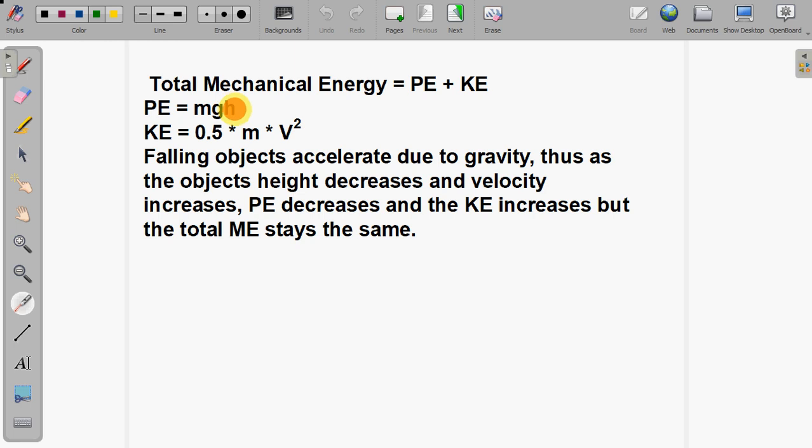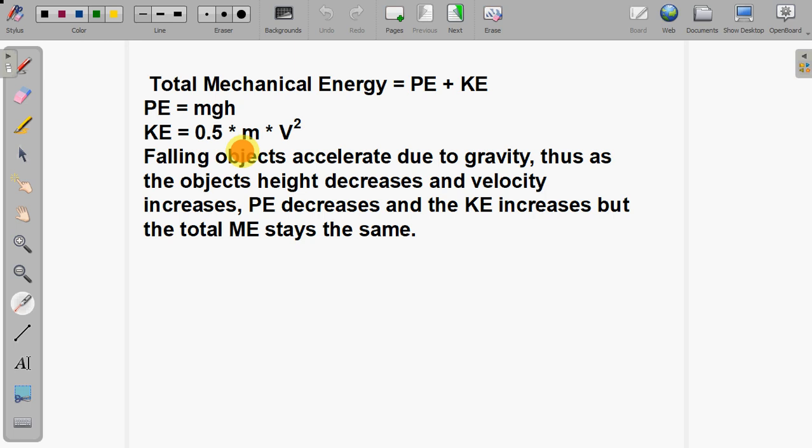But also, while you're throwing it up, it's slowing down as it goes up because gravity's pulling in the opposite direction. So as it goes up, it's losing kinetic energy. But as it falls back down, gravity is accelerating it, meaning it's speeding up, it's gaining velocity, which means as it falls, kinetic energy increases.